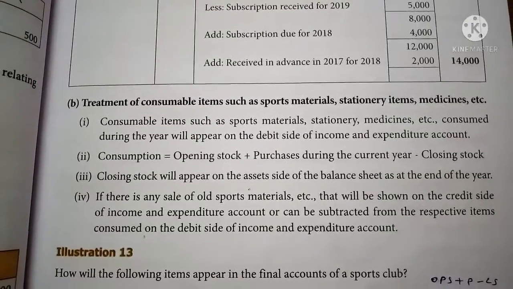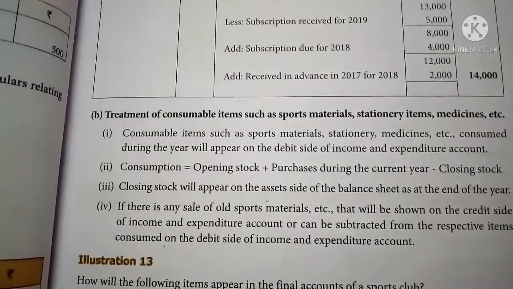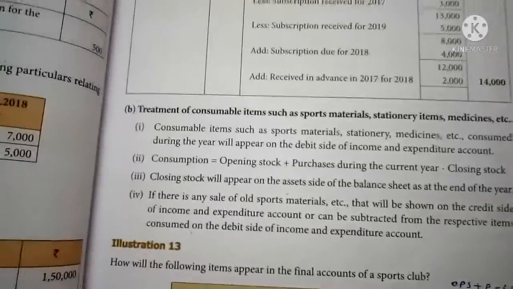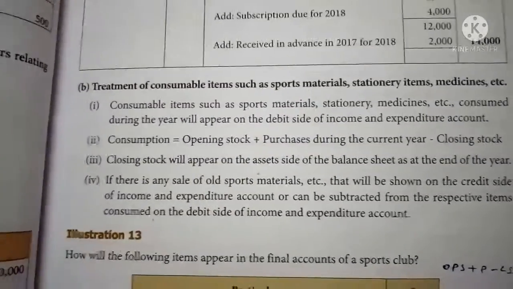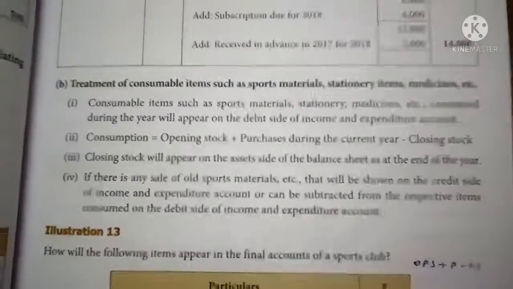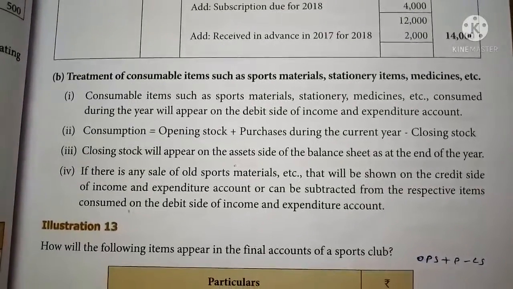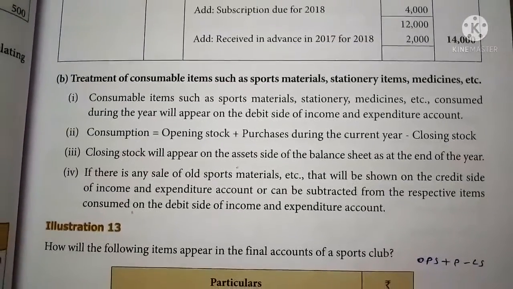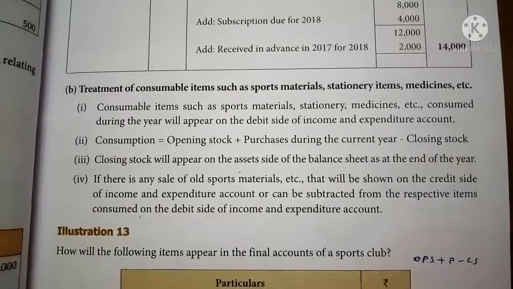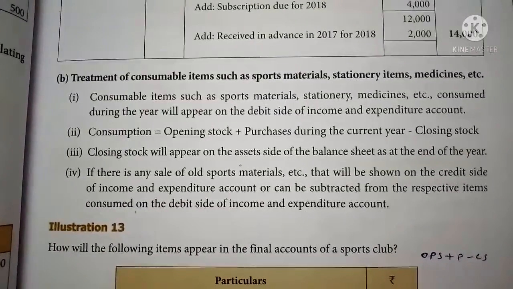On the asset side of the balance sheet you should show the closing stock of these items, that is closing stock of stationery, closing stock of bat and ball, closing stock of printing and stationery and medicines, and also the sports materials closing stock.